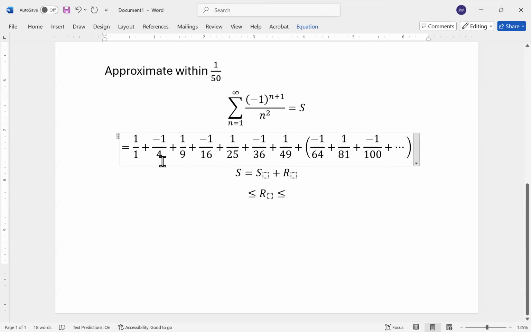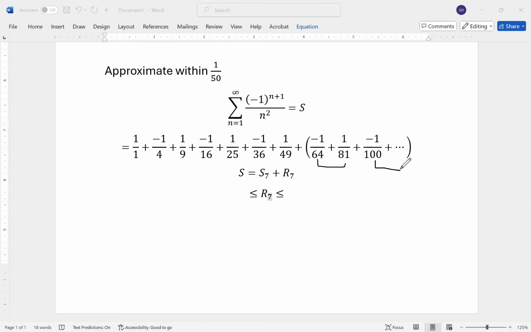So what is that? 1, 2, 3, 4, 5, 6, 7. That's the partial sum after 7 terms plus the remainder after 7 terms. And in this case, we have to look at it a slightly different way than we did with the 1 over 25. Because if I pair it this way, I can see that each pair is going to add to a negative number.